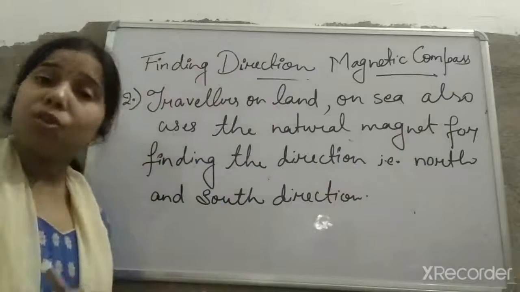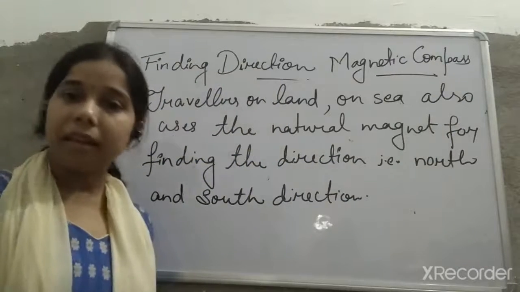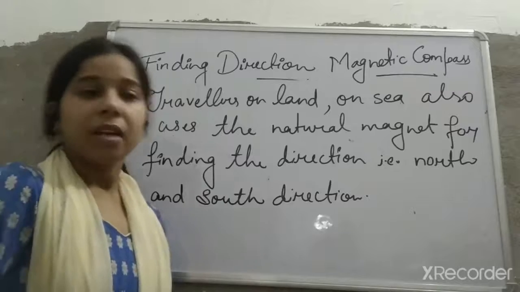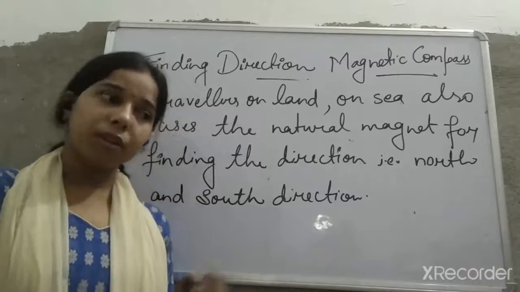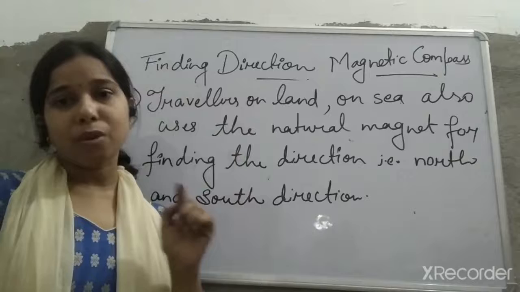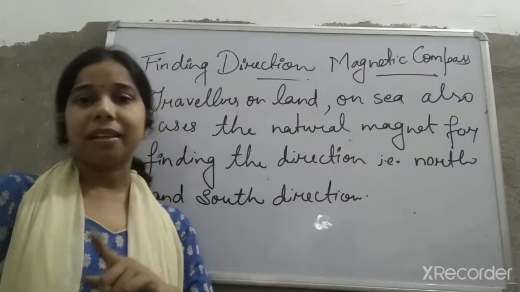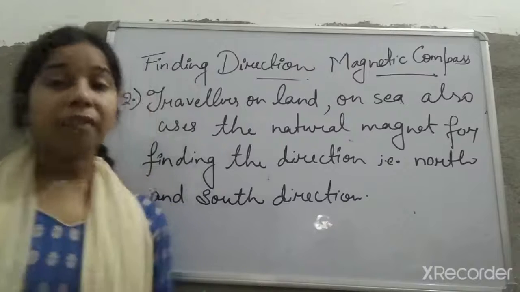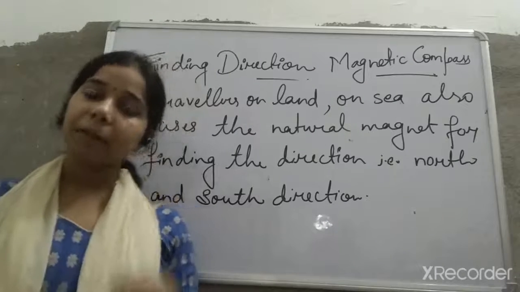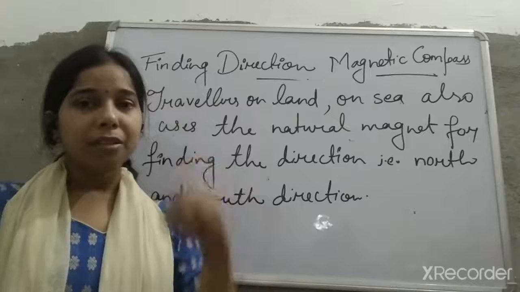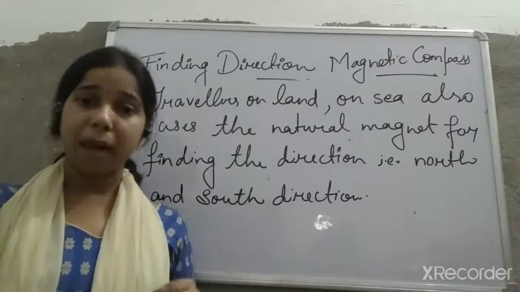It is an instrument which is used by the sailor, which shows the direction. Okay, so that magnetic compass consists of a magnetic needle which aligns itself in the north and south direction. When we started this chapter, at that time I was showing in the slides the different types of the magnet, student.